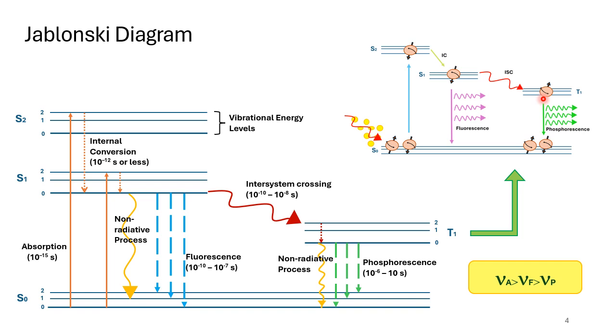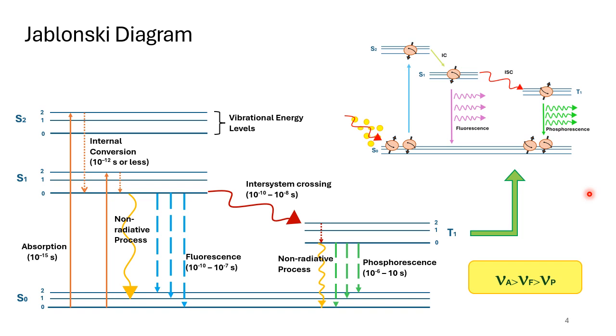So this state is the triplet state, and again when it's relaxing it changes its spin back like it was before. So this process is known as phosphorescence and this process is known as fluorescence.